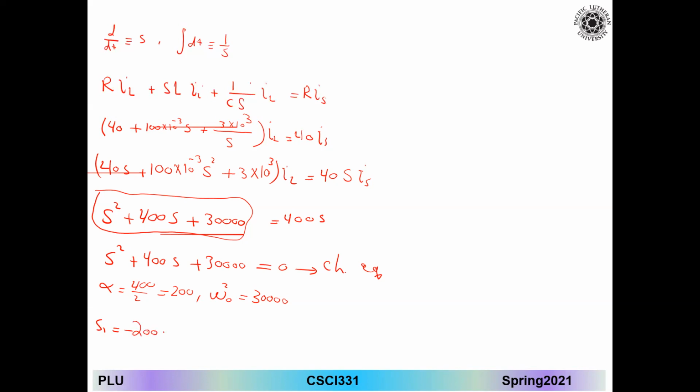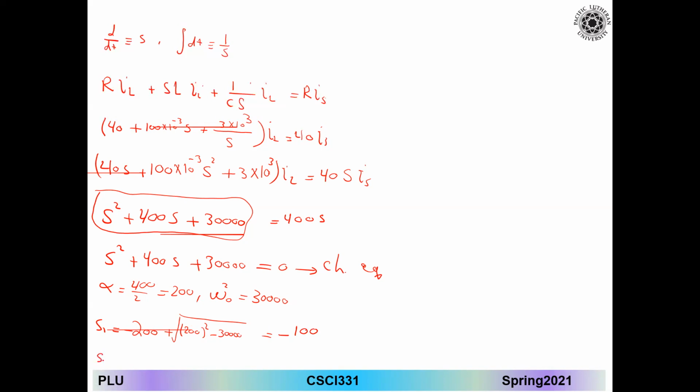I will take the plus first, the square root of alpha squared, which is 200 squared, minus omega squared, which is minus 30,000. So here it's going to be 40,000 minus 30,000, which is 10,000, right? So the root is 100, and this one will be minus 100. Confirm that, guys.